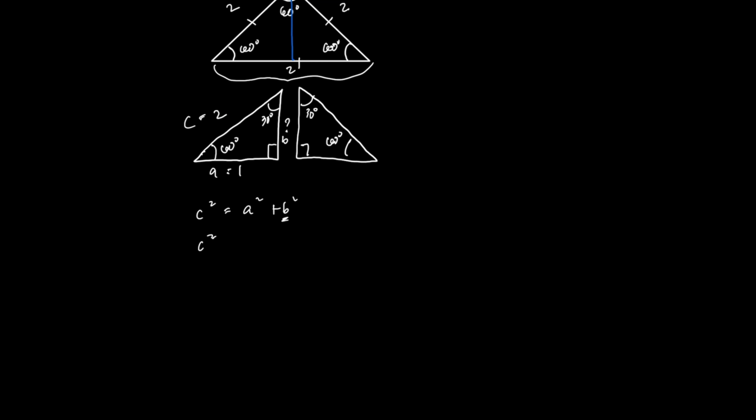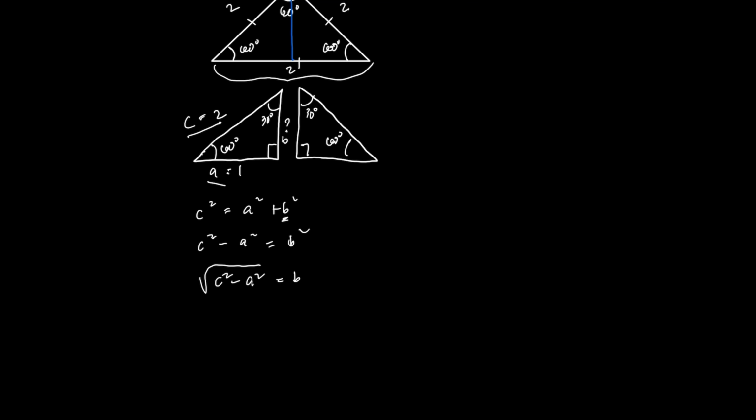Therefore, we can just solve for B by transforming this equation using the addition property of equality. So that's C squared minus A squared equals B squared, or square root of C squared minus A squared equals B.